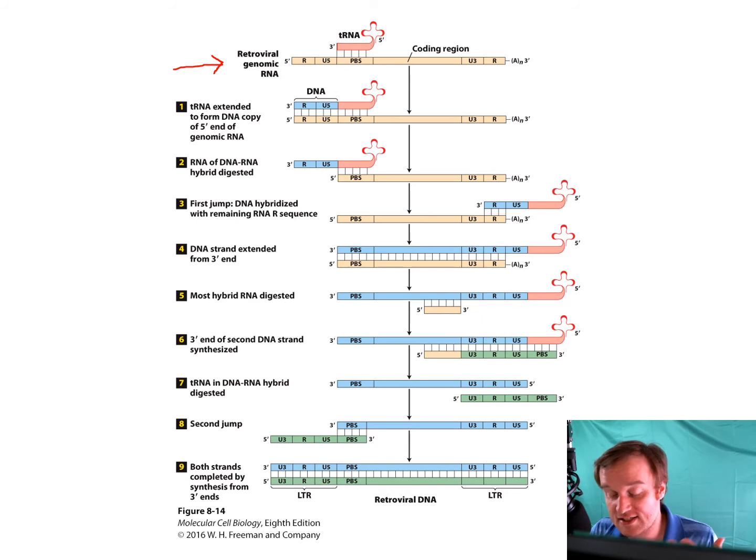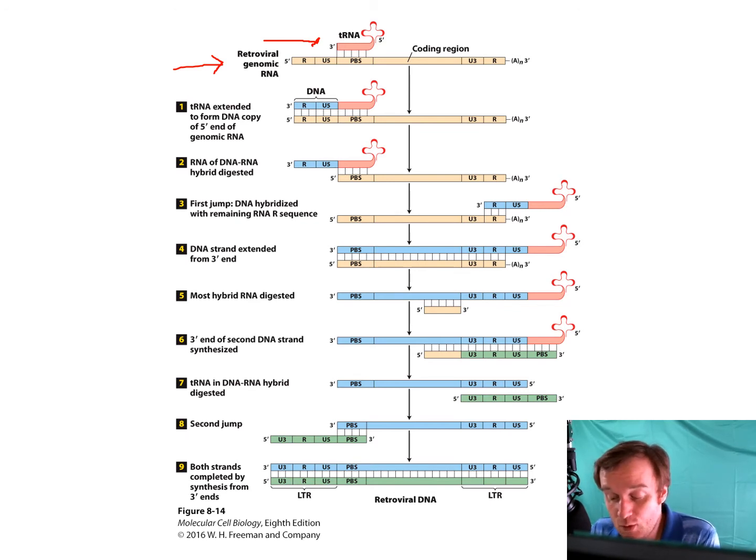And so this is the RNA that has been transcribed from that retroviral transposable element. And we get this tRNA that is specific for this retroviral RNA that binds to this PBS, which is the primer binding site.